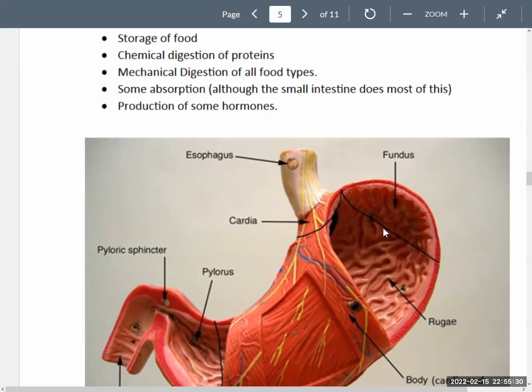Alcohol is absorbed pretty quickly in the stomach. Some medications are absorbed by the stomach. Other medications that you may take or may end up taking are coated so that they get through the stomach and they are absorbed instead later on by the small intestine. That's an important difference with medications, coated and uncoated.